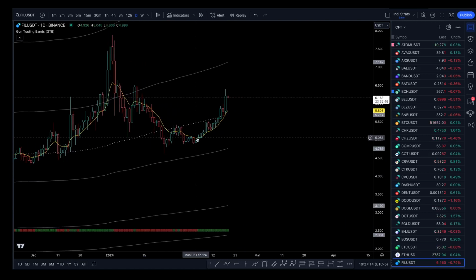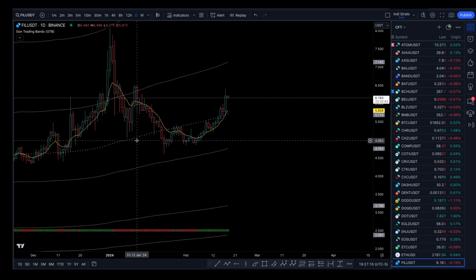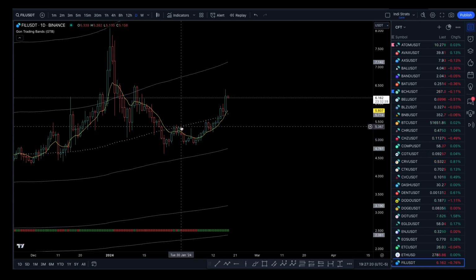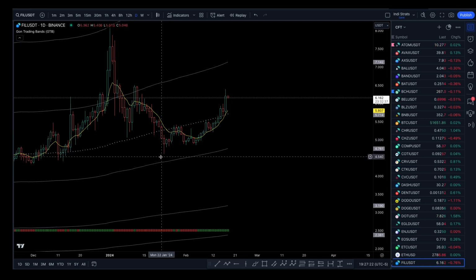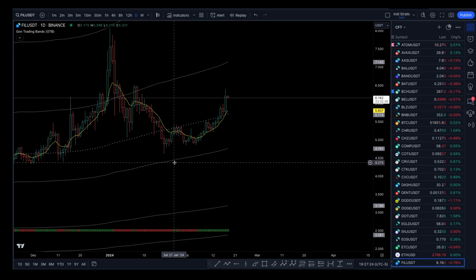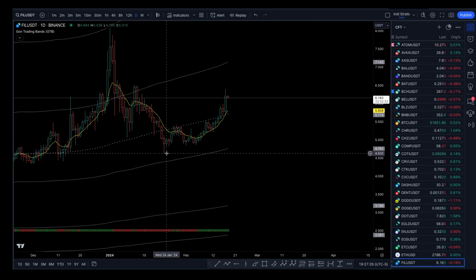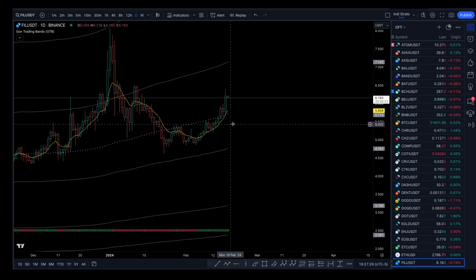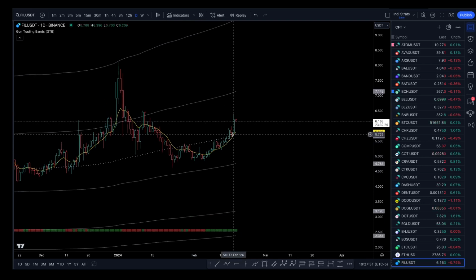So the very first thing is that any band, if approached from beneath, is potential resistance, and if approached from above, is potential support. So the first thing I look at is, where is price moving? Is it just pushing through a certain band? Is it retesting a certain band?